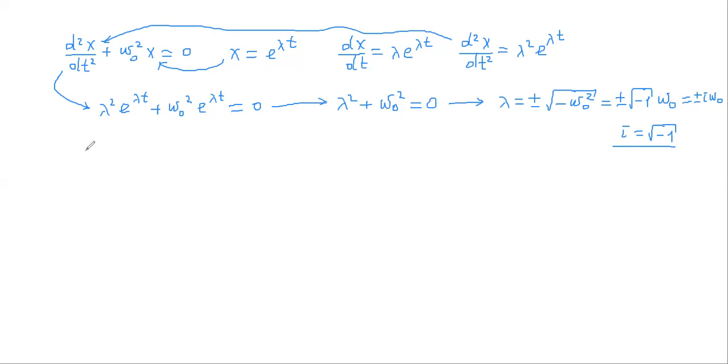So the general solution is C1 multiplied by e to the power of i omega 0 t plus C2 e to the power of minus i omega 0 t.